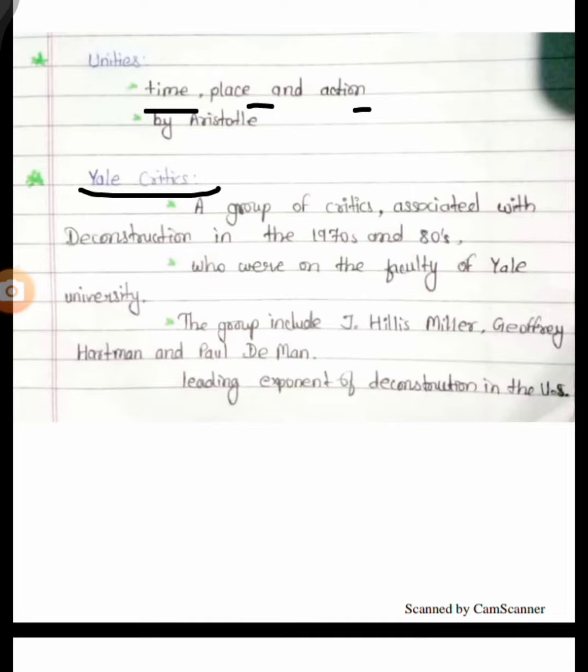The Yale critics are a group of critics associated with deconstruction. This is the first point, which is really very important, and you have to note it. Just put down short notes: related to deconstruction in the 1970s and 80s, who were on the faculty of Yale University.